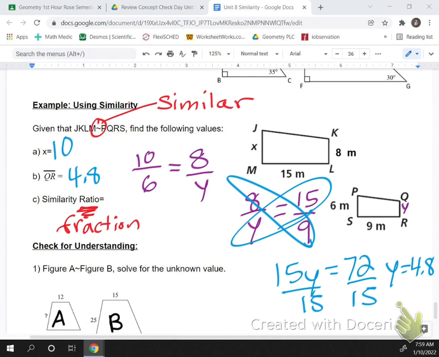When you're ready, you can check up here. You will get a decimal, that's okay. I got 4.8 for the length of QR.